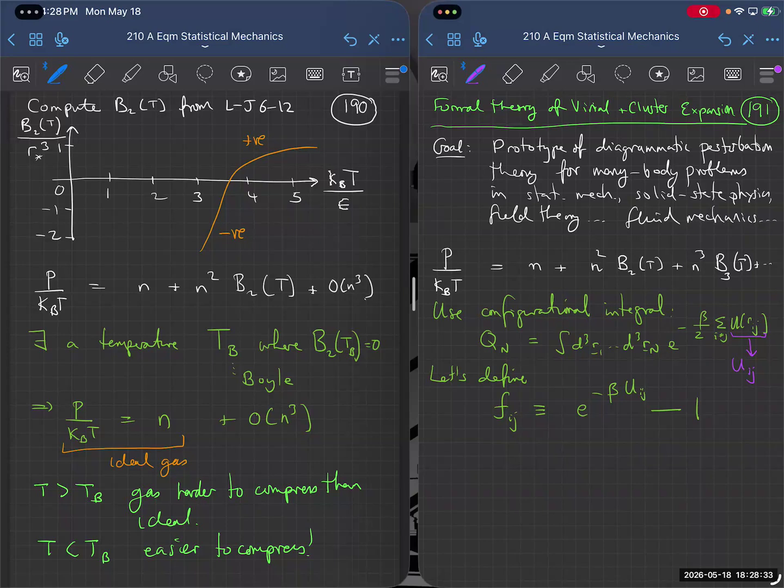And we've already seen that it has a nice property, namely that when i and j are infinitely separated, this thing goes to 0, and when they're close, it has some non-zero value. So it's basically a negative thing that goes to 0. So it basically looks like this.